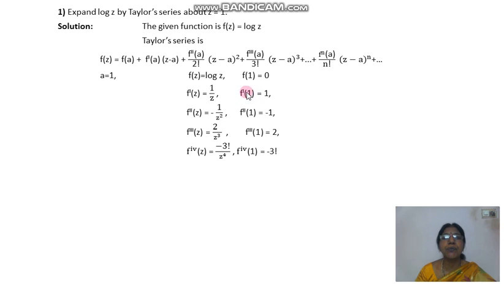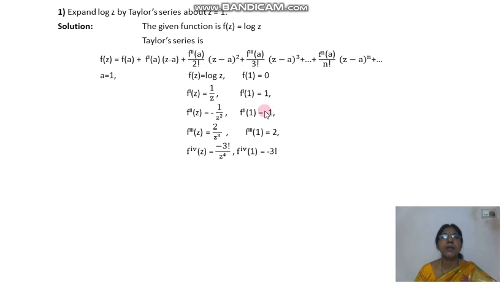Next f dash 1. F dash 1 is 1 by 1, which means 1. F double dash z is this. F double dash 1: substitute 1 here, at the point a is equal to 1. So in place of z we have to substitute the point. F double dash z is minus 1 by 1 square, which is minus 1. Next f triple dash z is 2 by z cube, so f triple dash 1 is 2.